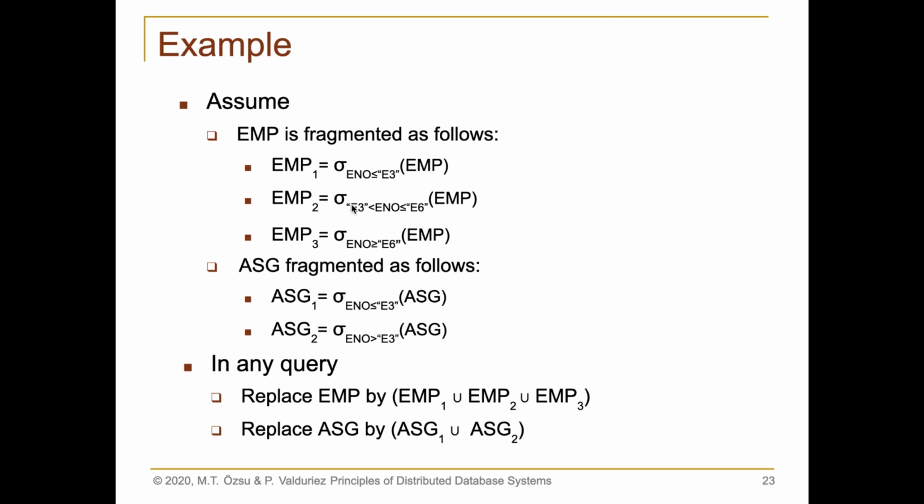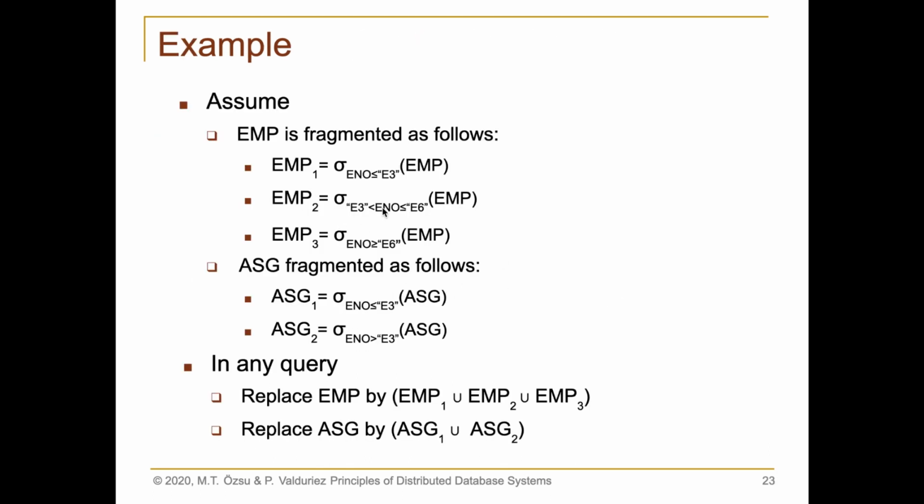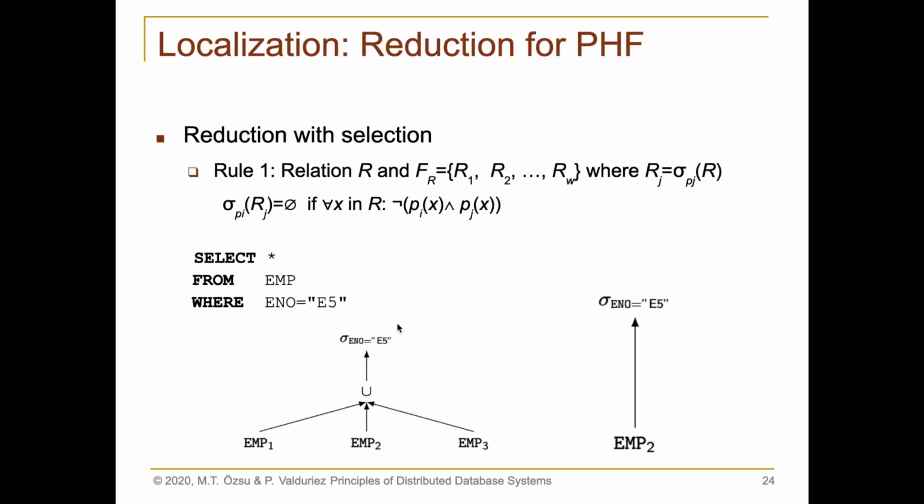From this declaration, we can assert that the selection criteria here may get some set of tuples from employee 2. So we say employee 2 should be categorized in the set of fragments that could yield results for the predicate employee number is equal to E5. So we preserve employee 2 subrelation.